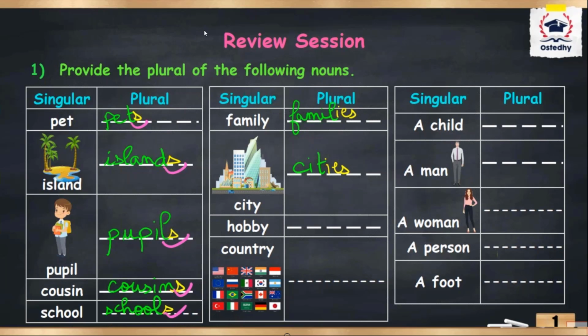Now, I will move to Farah. Farah, if you are with us, please open your mic. Hi, Farah. So, what is the word? Hobby. How does it become? Hobbies. Exactly. So, again, I have an IES. Thank you.